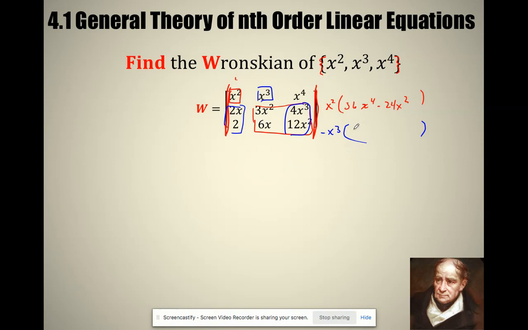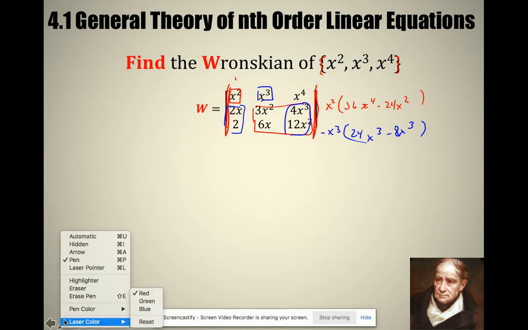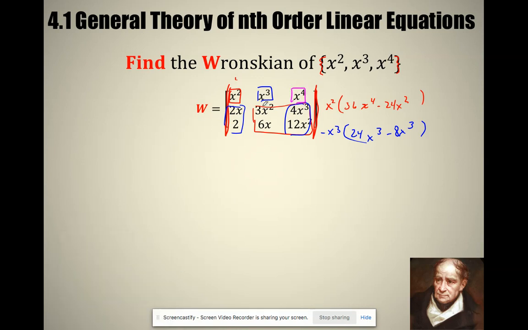So I get 24x cubed minus 8x cubed. And then lastly, x to the fourth times 12x squared minus 6x squared.